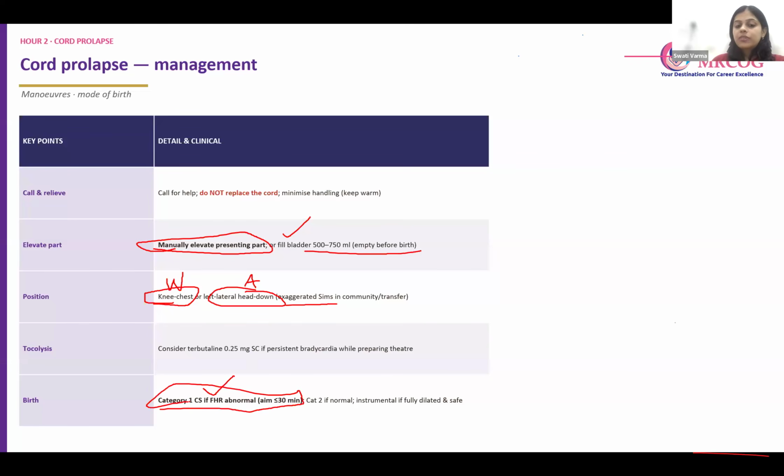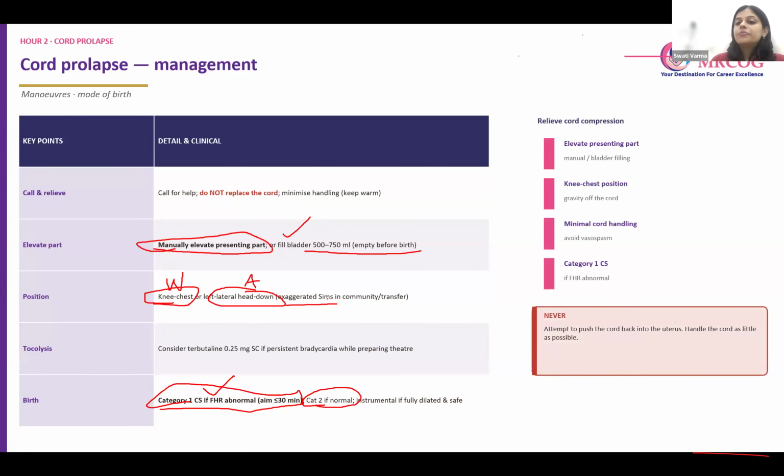The aim should be to deliver her within 30 minutes. If FHR is normal, then also you have to expedite delivery, but it can be done under category 2, that is, up to 75 minutes can be allowed. If she is fully dilated and delivery is imminent, then you can apply forceps or ventouse if it looks safe.